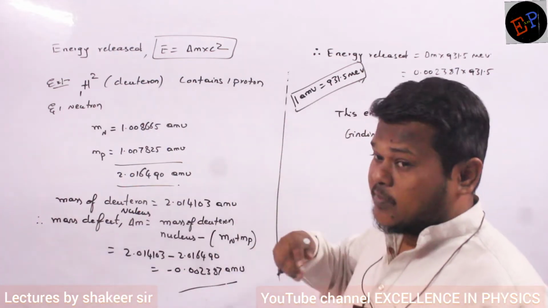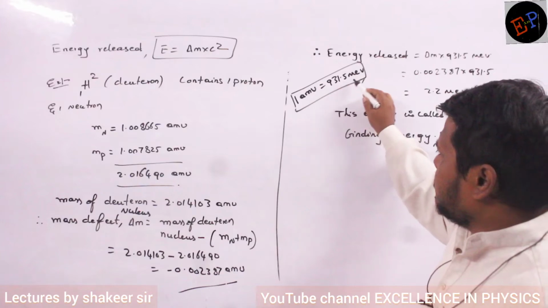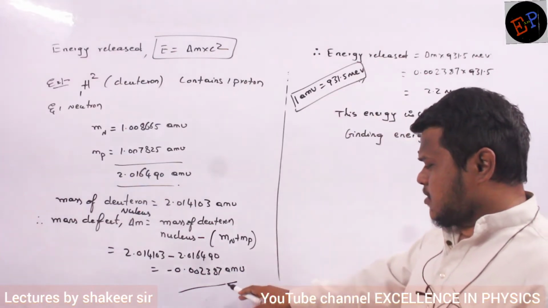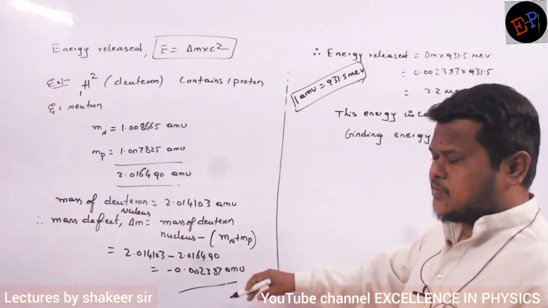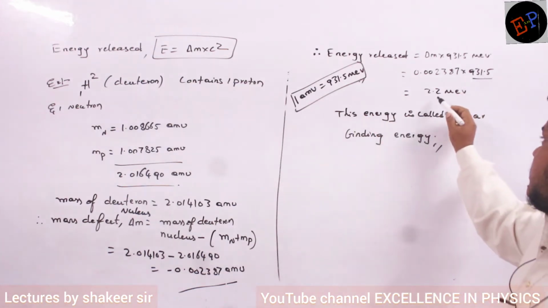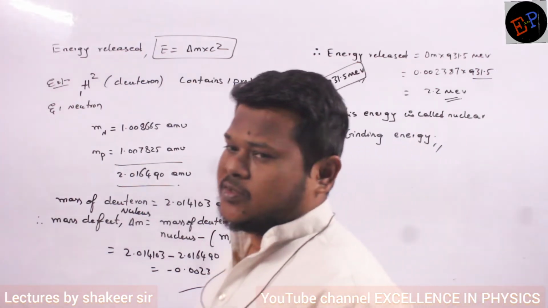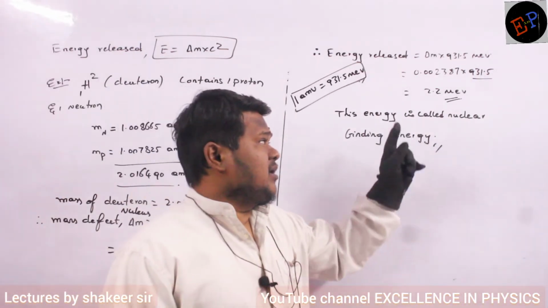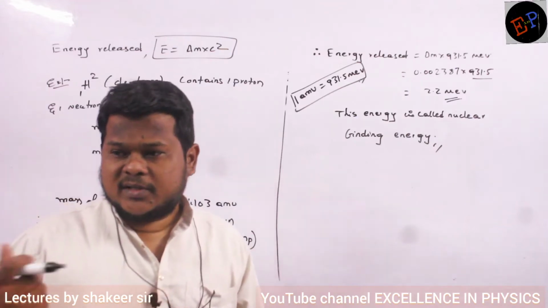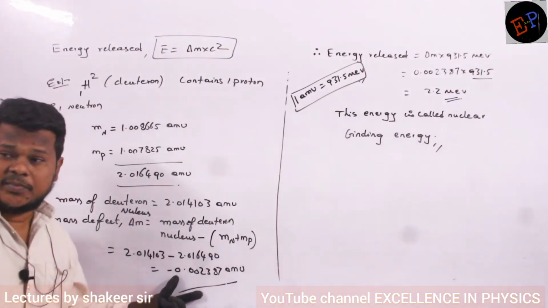One AMU of mass, if converted into energy, releases this much energy. So here I am writing in AMUs only, so just multiply that value by 931.5, and this is the amount of energy released. 2.2 million electron volts of energy is released when this much amount of mass has disappeared.